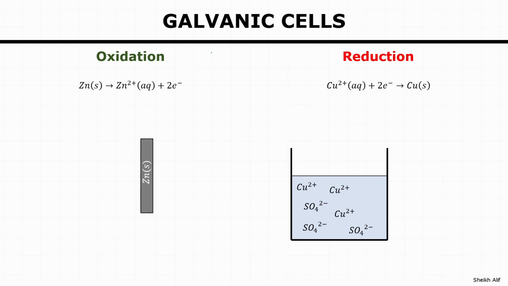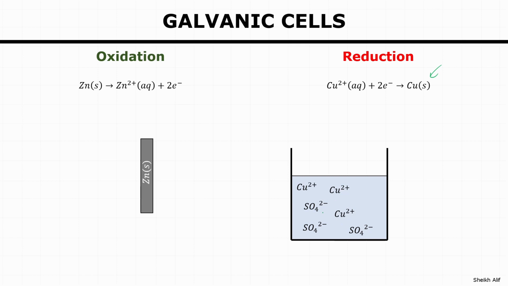Remember, the oxidation half reaction was taking the zinc solid and turning it into zinc 2 plus aqueous and 2 electrons. And in the reduction half reaction, you have your copper 2 plus ions reacting with 2 electrons to produce copper solid. So to start out, let's have our zinc solid and our copper sulfate solution. In this reaction, it only shows the copper ions, but if we're talking about the entire reaction, the sulfates are also included.